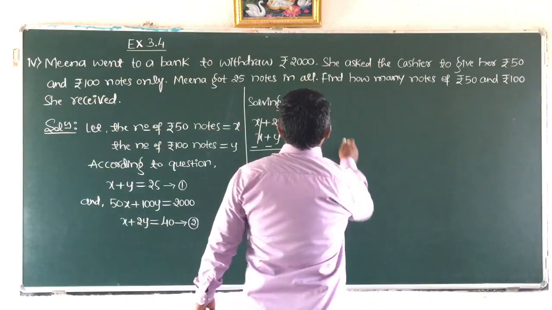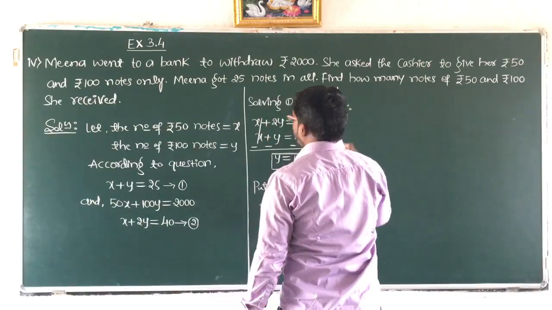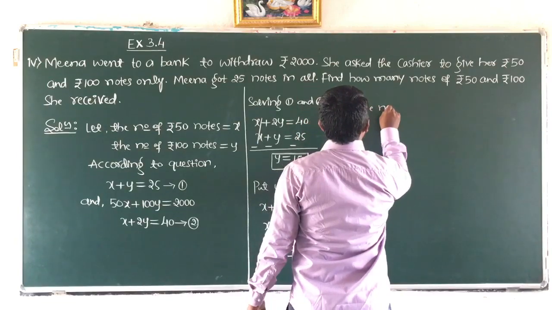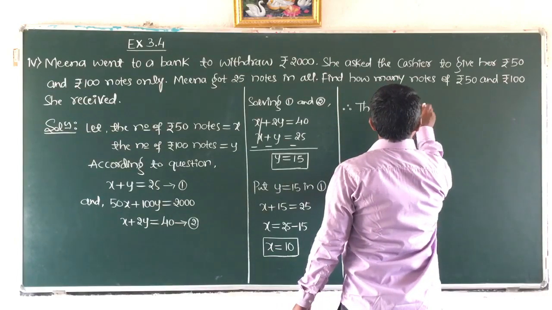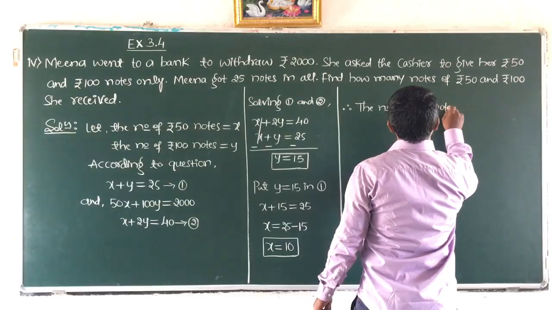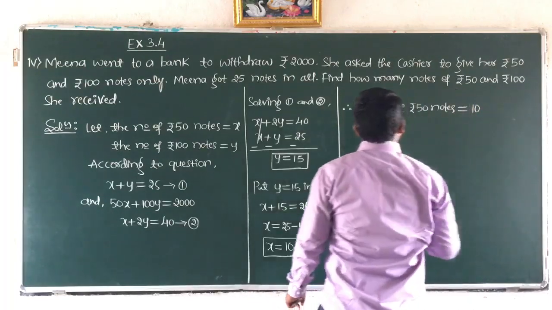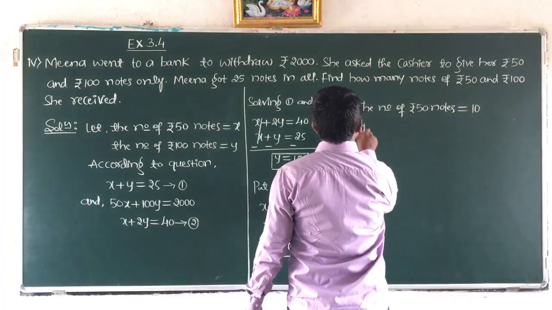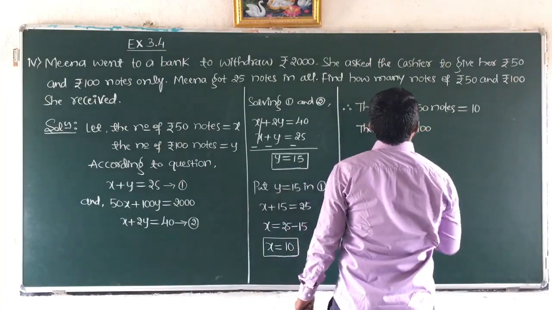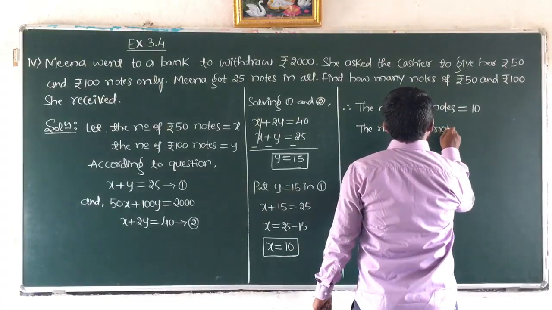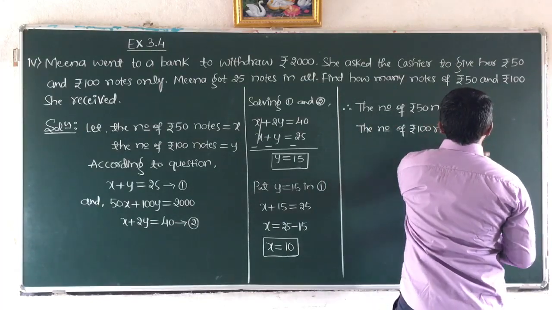Therefore, the number of 50 rupee notes is equal to 10, and the number of 100 rupee notes is equal to y, that is 15.